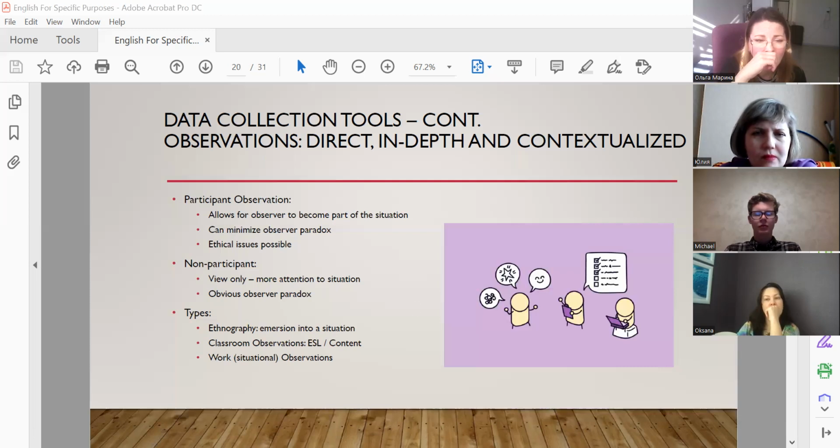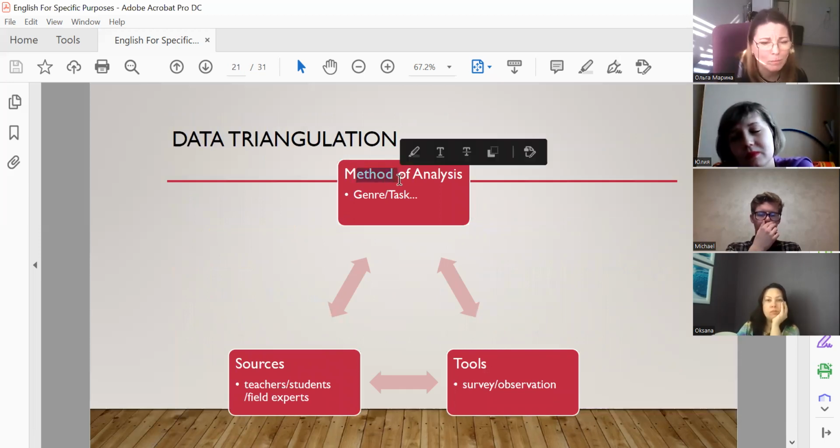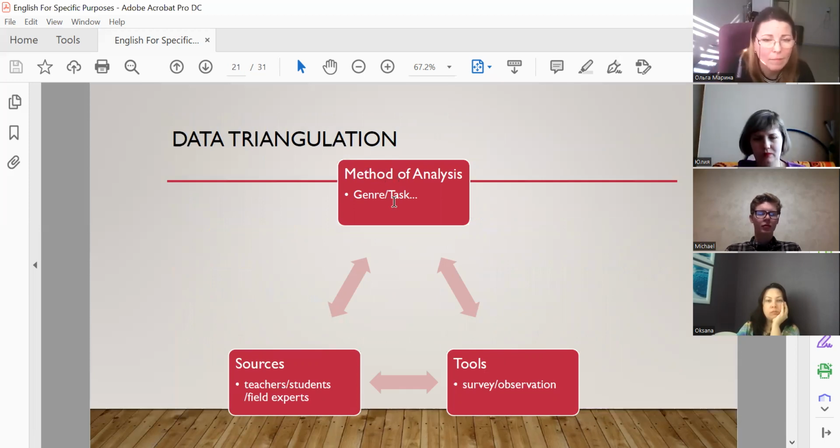Then we come to the data triangulation. So we have the method of analysis. Are we going to use a task-based approach, or genre approach, or corpora? Then tools, survey or observation, and then sources, stakeholders. So you need to have these three to design a good course.